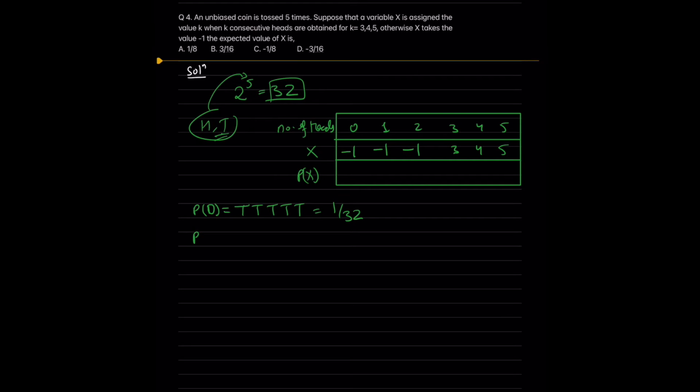Now for 1 consecutive head, I can have either head, tail, tail, tail, or tail, head, tail, tail. Likewise I can write tail, tail, and so on. Now we are interested in the number of consecutive heads. So we can also take the case head, tail, head, tail, tail, because now 2 heads are not consecutive. We just want 1 consecutive head. So this can also be our case.